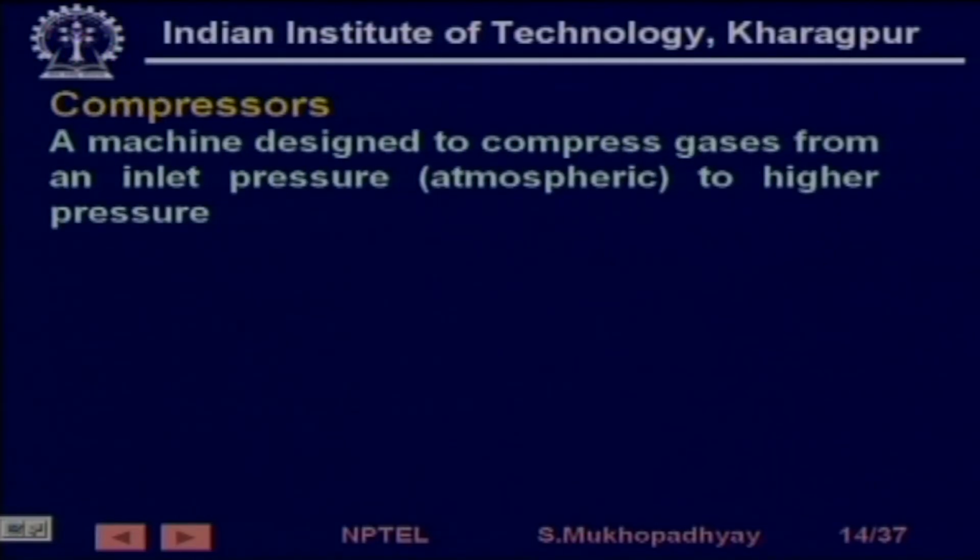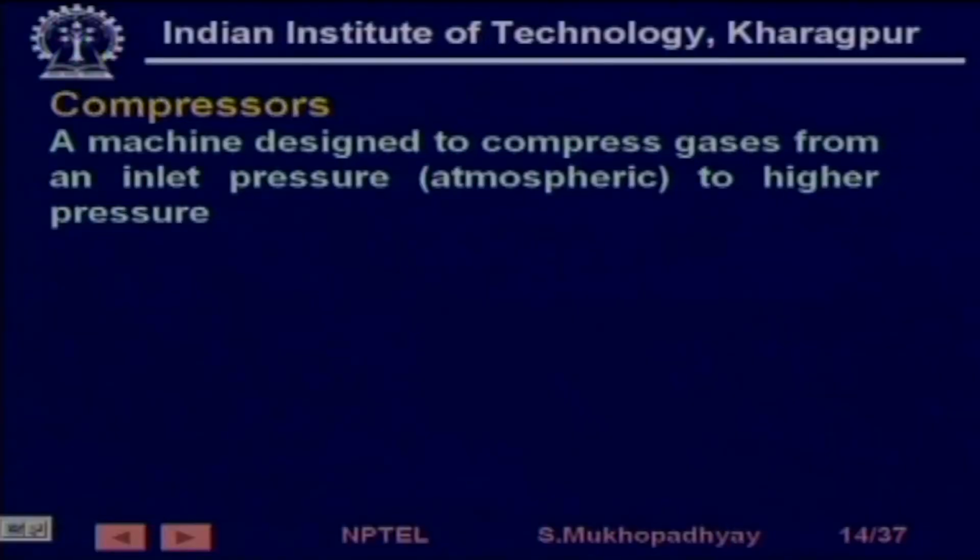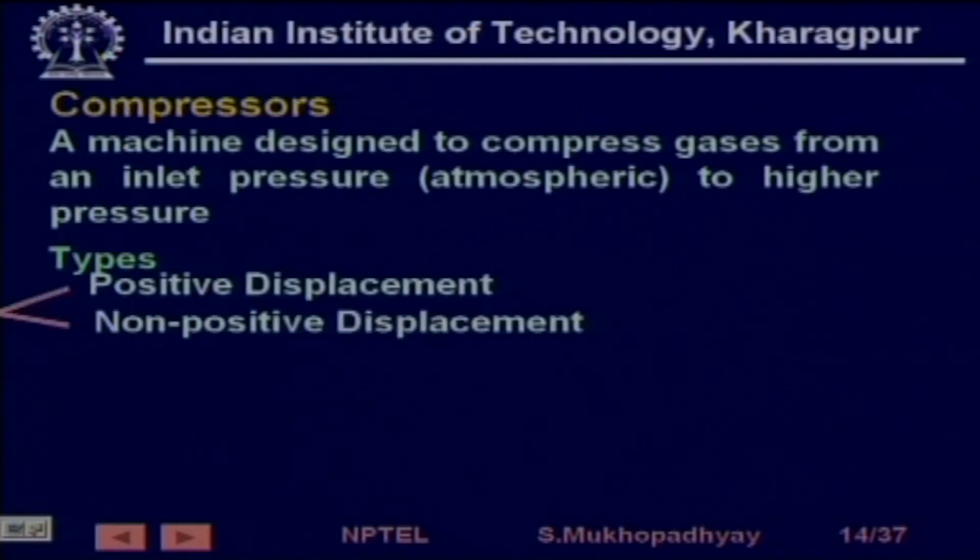Then we look at compressors. Compressors are machines designed to compress gases from an inlet pressure, which is generally atmospheric. So, it takes air from the atmosphere, filters it, and then compresses it to a high pressure. This mechanism can generally be of two types.